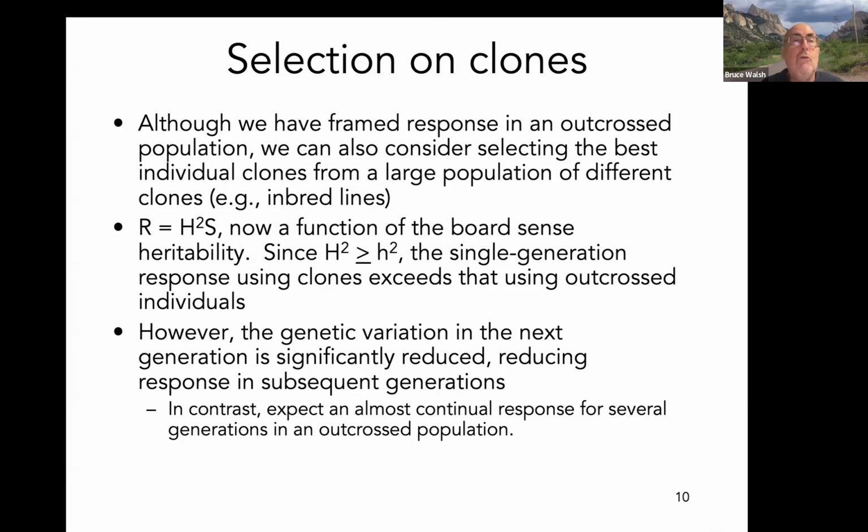So when you select among clones, you run out of genetic variation almost immediately. If I select among outbred individuals, you have lots of genetic variation that continues to go. Why? Individuals are segregating alleles as heterozygotes, and that gives you a huge amount of response. By the way, the 2018 book talks about all the population genetics of selection response in very considerable detail. I'm just giving you an outline here.